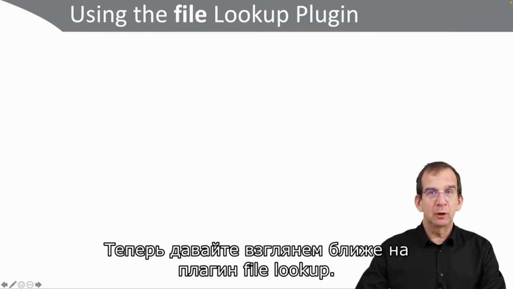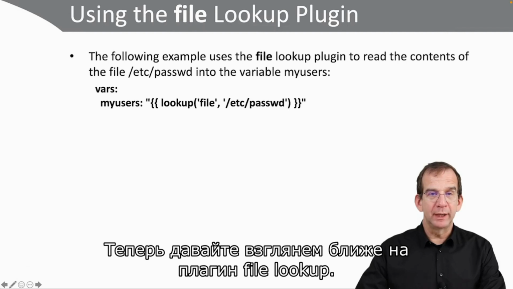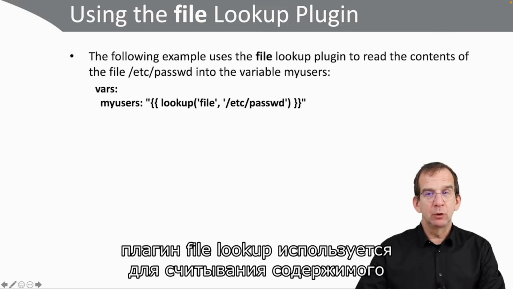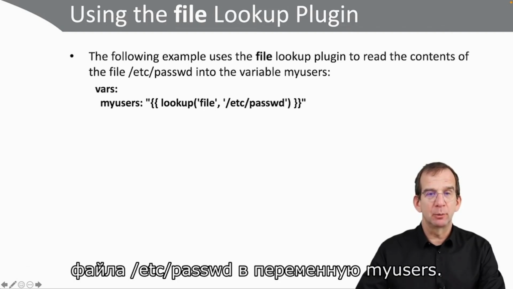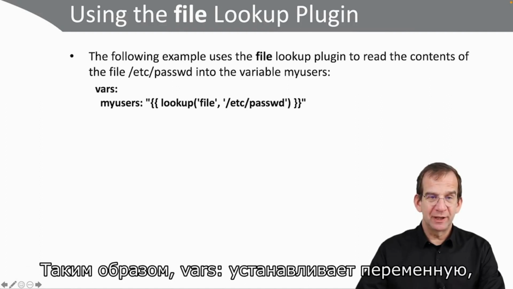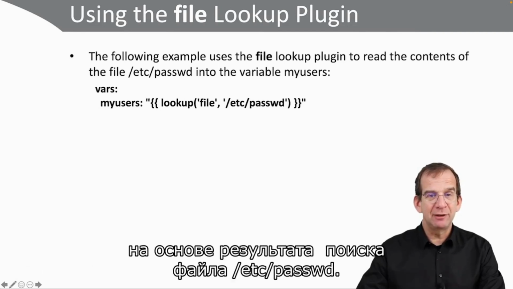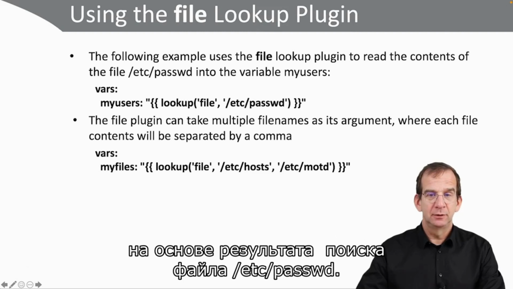Now let's have a closer look at the file lookup plugin. In the example line that you can see right here, the file lookup plugin is used to read the contents of the file /etc/passwd into the variable myUsers. So vars is setting a variable, and this variable is dynamically created based on the result of lookup file /etc/passwd.